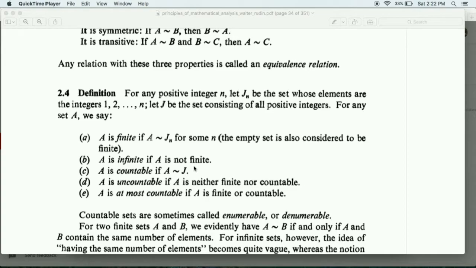And A is at most countable. This is rarely used, but A is called at most countable if A is either finite or countable. So A is either finite or infinite, and if it is infinite, then there are two possibilities: countability and uncountability.